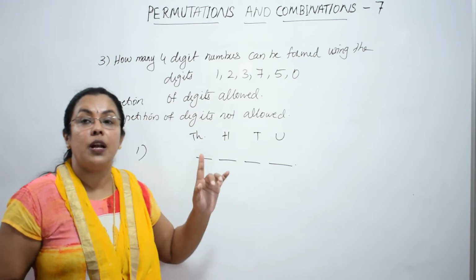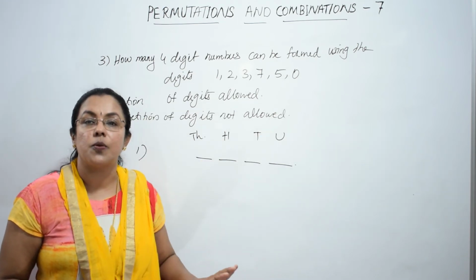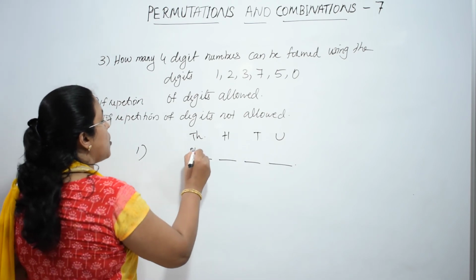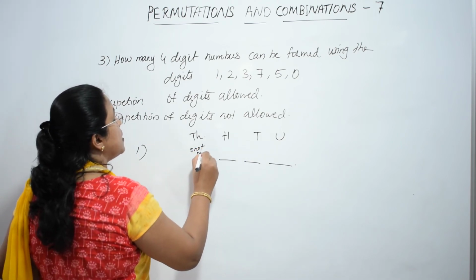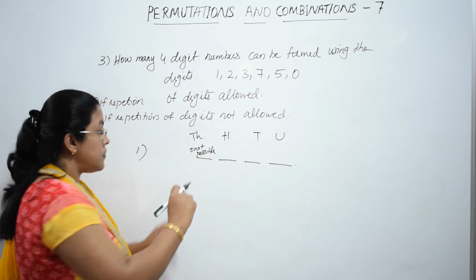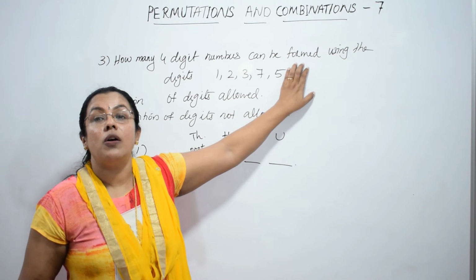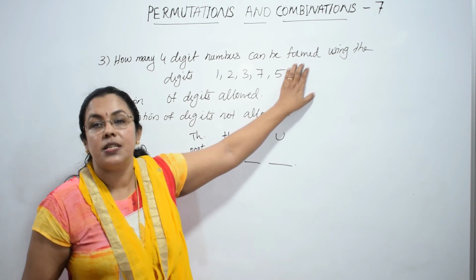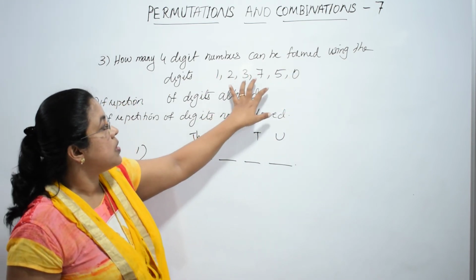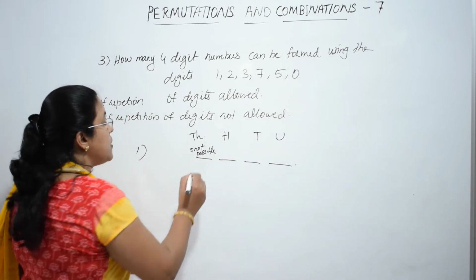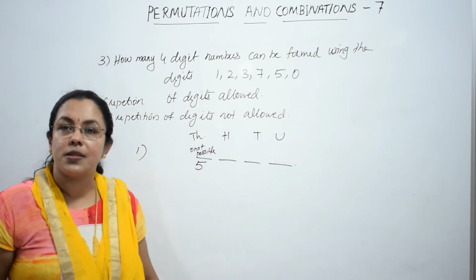We cannot fill the thousands place using 0. So 0 is not possible. We can fill thousands place using all the other 5 digits, 1, 2, 3, 7 and 5, in 5 different ways.